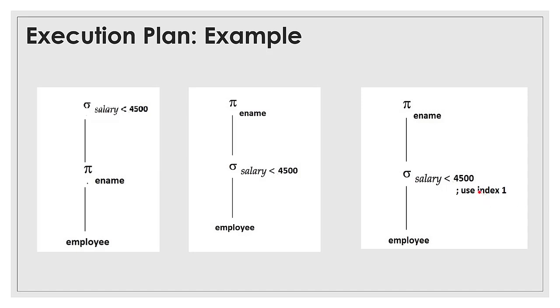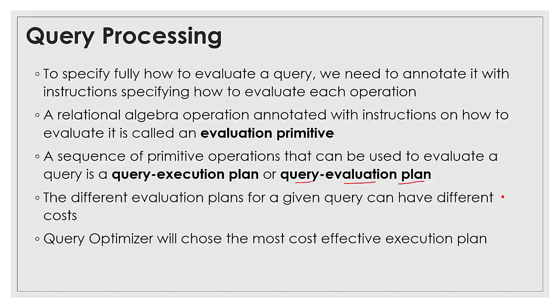Now using that index 1, we can retrieve those data where the salary is less than 4,500 in a faster way than this one. So if there is an index, then in the annotation we must say to use index 1. This is the annotation we have discussed over here. So not only the relational algebra, but also the annotation on how the algebra can be performed.